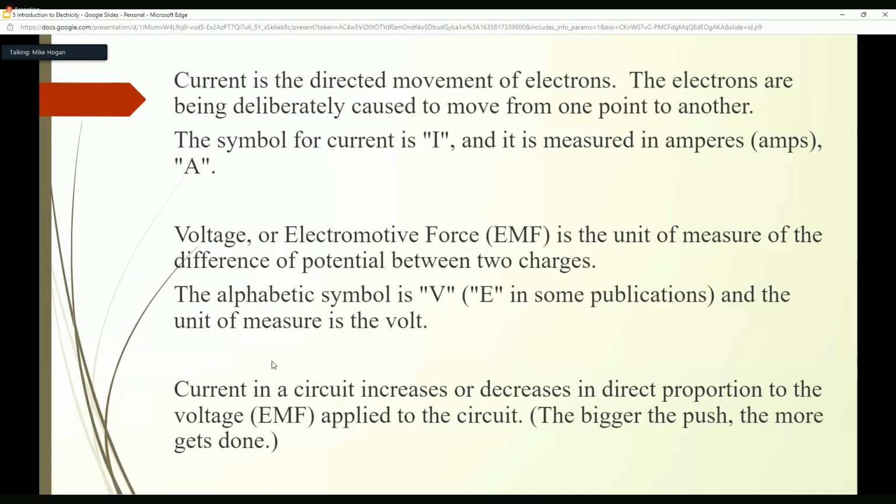The increase in voltage, the increase in potential difference, comes with an increase in current, provided that the resistance remains the same.